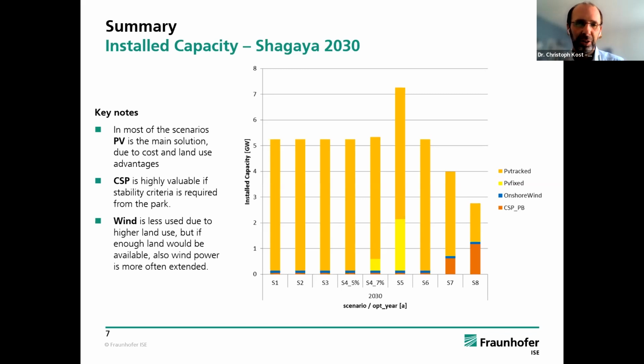So in a long-term strategy with a lot of PV in the system, wind would also come into the system. And I would say, as Salem showed, the results now for the master plan 2030 with 4 gigawatts of PV, 500 CSP and 100 wind.